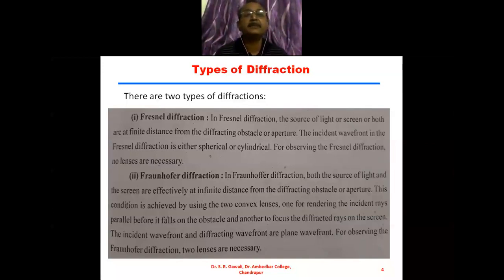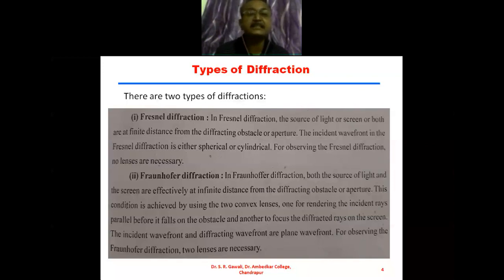The second type of diffraction is the Fraunhofer diffraction. In Fraunhofer diffraction, both the source of light and the screen are effectively at an infinite distance from the diffracting obstacle.